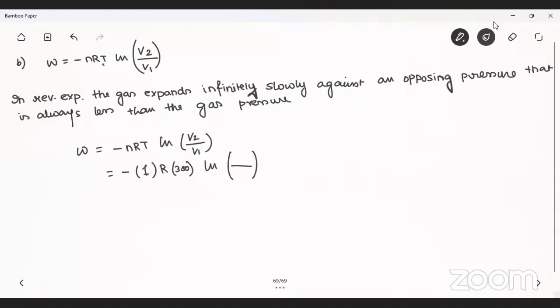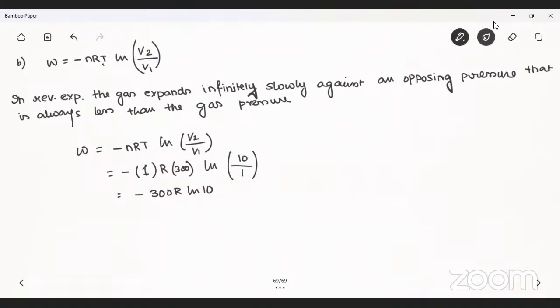What is the final volume? So it's minus 300 R ln 10. Is this part clear, how to calculate the work done? Clear or not? No, ma'am.